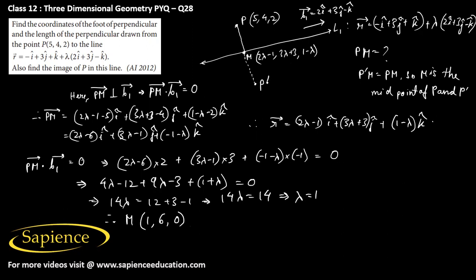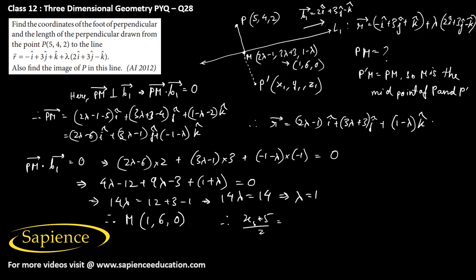Now if the image of the point P, which is P dash, has coordinates (x1, y1, z1), then M is the midpoint of P and P dash. So we can tell that (x1 plus 5) by 2 will be equal to the point M, which we got as (1, 6, 0).